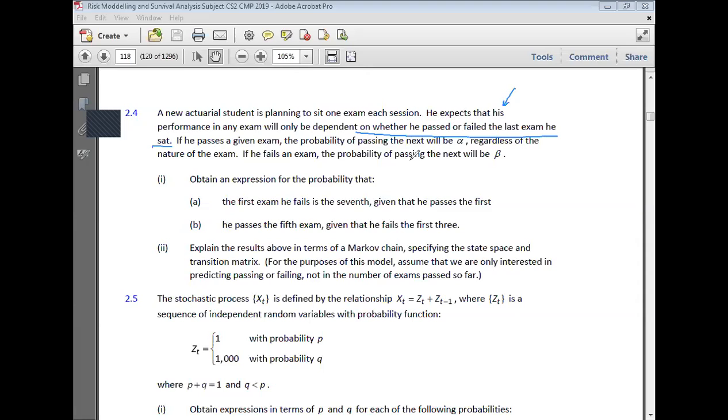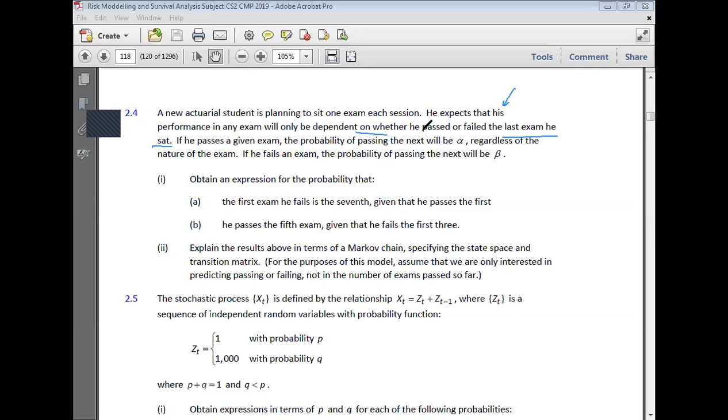There is no more than one exam that the student is sitting in a particular session. So we keep that in mind. And then we have something else here. They're saying that the performance in today's exam will depend only on the last exam, not any exam that this particular student has taken prior to the previous exam.